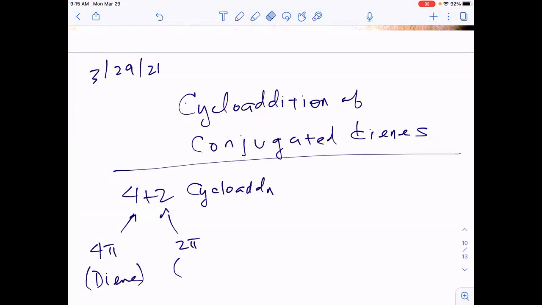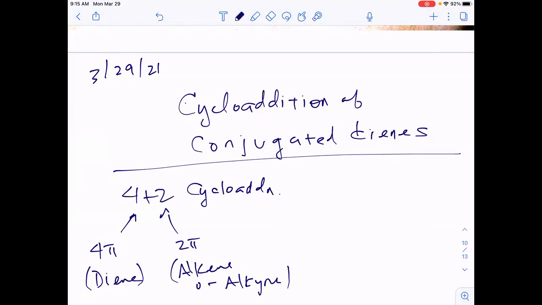So the 4 pi system is a diene. The 2 pi system can be an alkene, or it can be an alkyne. I don't want to box us in, because I know there are a couple of examples that use triple bonds as the dienophile.